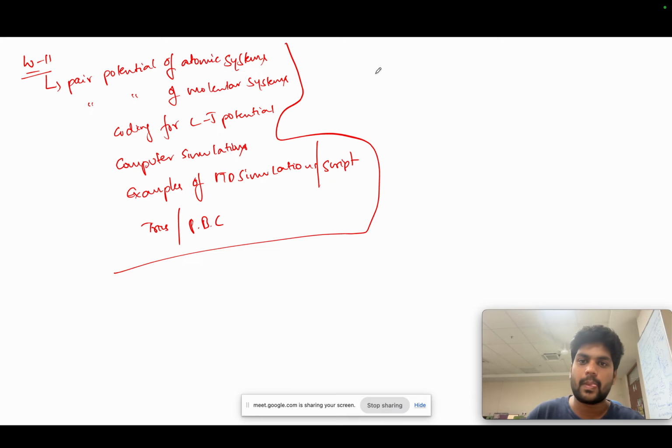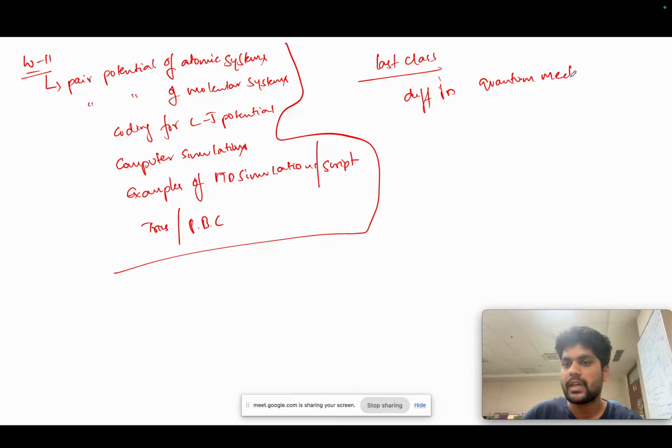So what we discussed in the last class was the difference between quantum states, I mean quantum mechanics, thermodynamics, and the ensemble approach.